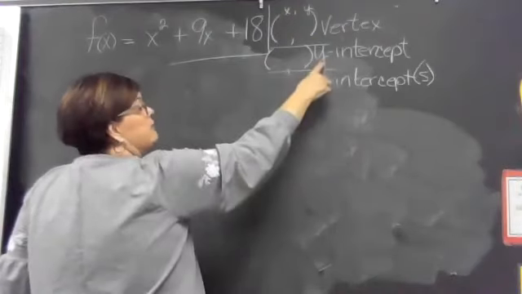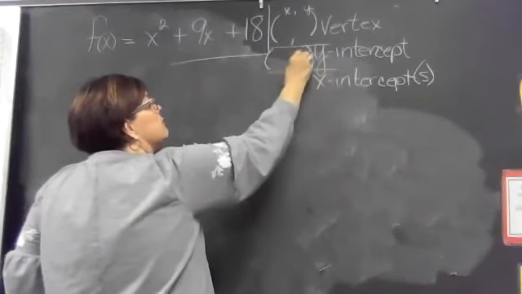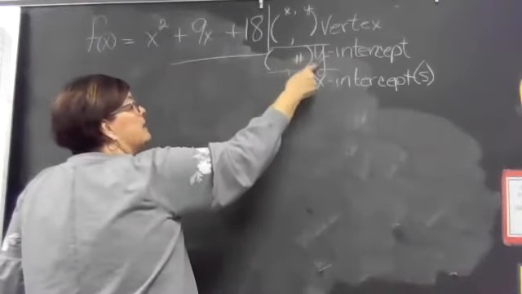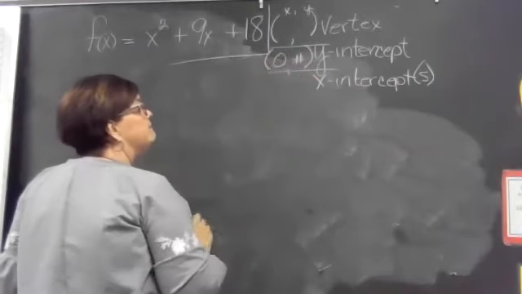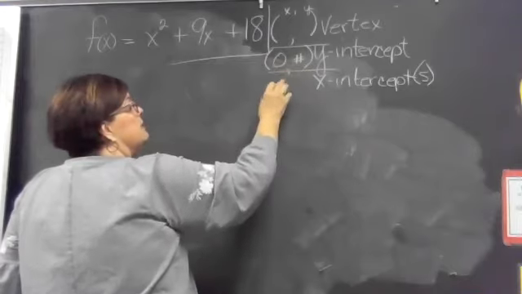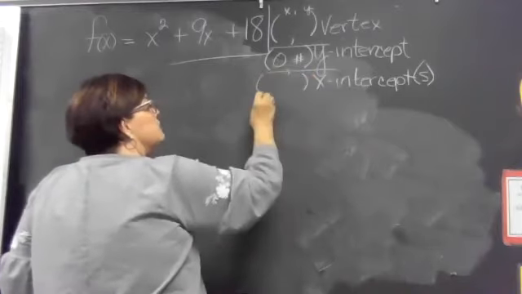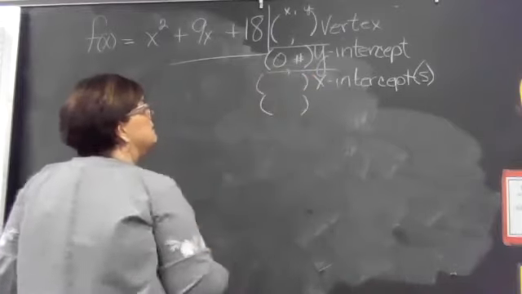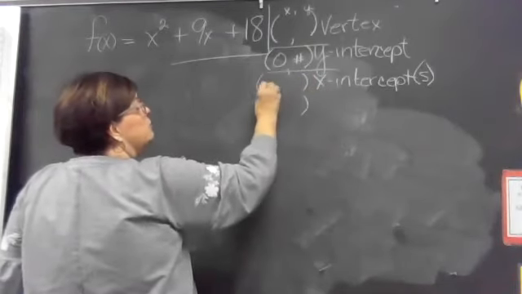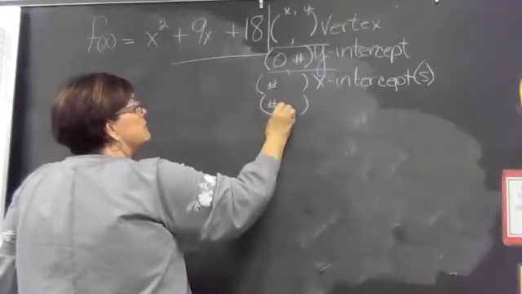Now, if we're trying to find the y-intercept, we're trying to find this number right here in the y. If we're trying to find a number in the y, then the other one is a 0. So this is what our y-intercept is going to look like, and you'll understand why we write this first. X-intercepts, possibility of 2 of them, means that we're going to try to find an x value, which means we need this number and possibly another number.